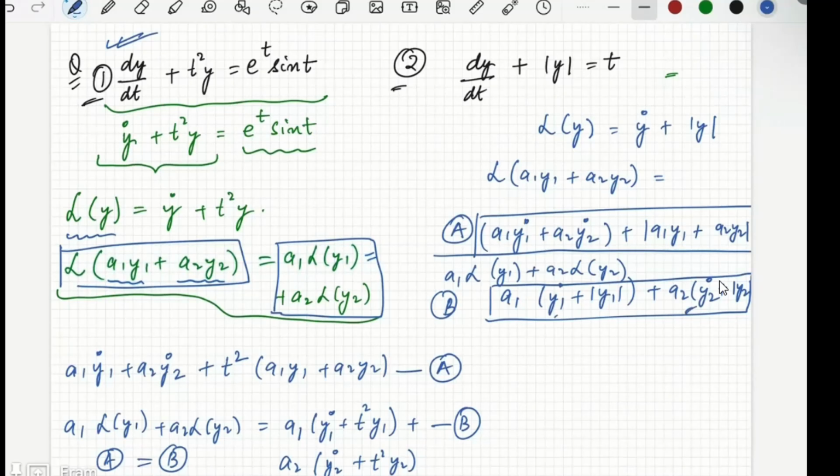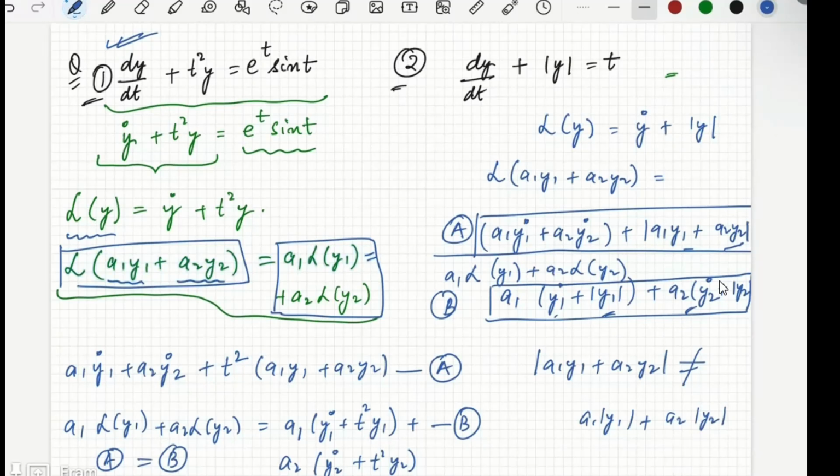But here we have mod of a1 y1 plus a2 y2, while here we have a1 mod of y1 plus a2 mod of y2. So they are not equal.